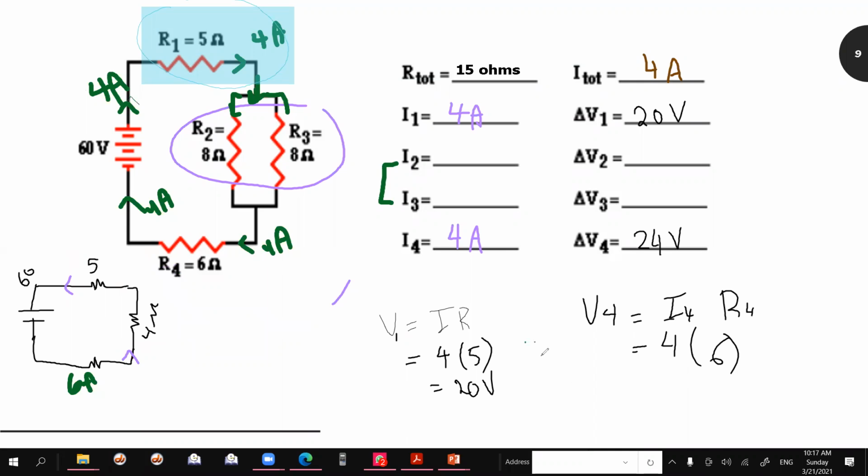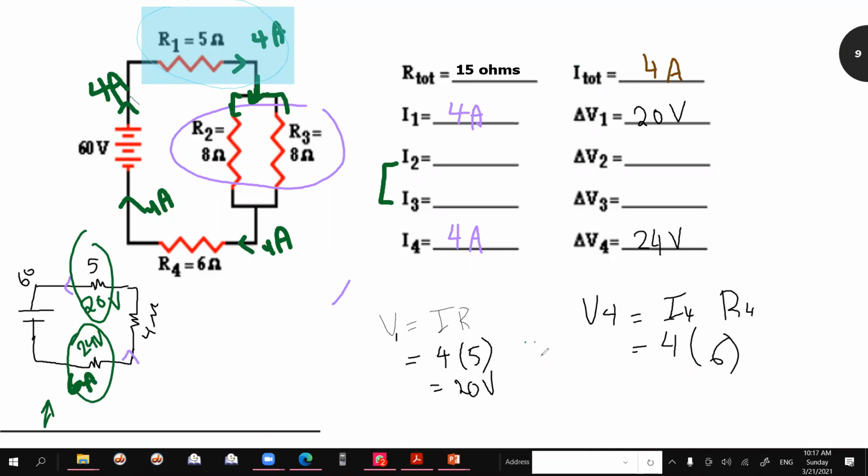Now for this one here, they are in this circuit here, they are connected in series. So if the voltage here is 20 and the voltage here is 24 volt, and in the circuit that all the resistances are connected in series, the current is equal, but the voltage is not equal.